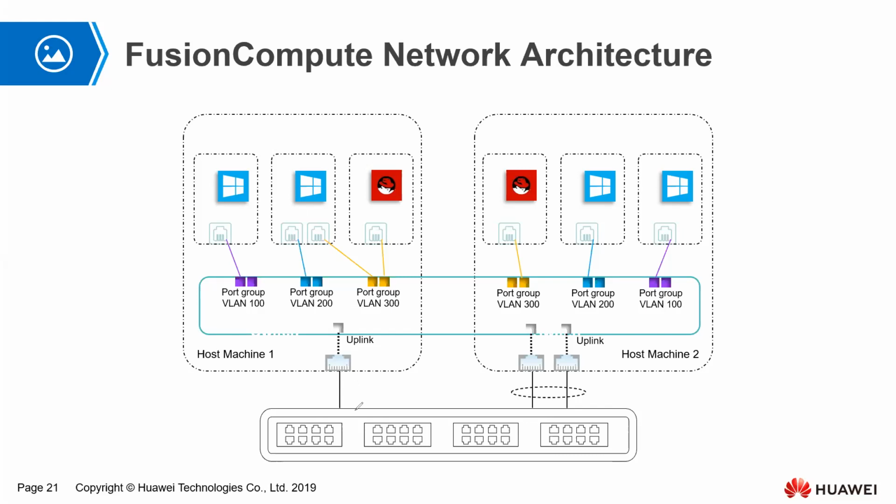I repeat, we can have multiple distributed virtual switches. We can configure them, and each one of these can serve multiple CNA nodes. We mean physical servers; it can serve different physical servers in the same cluster.